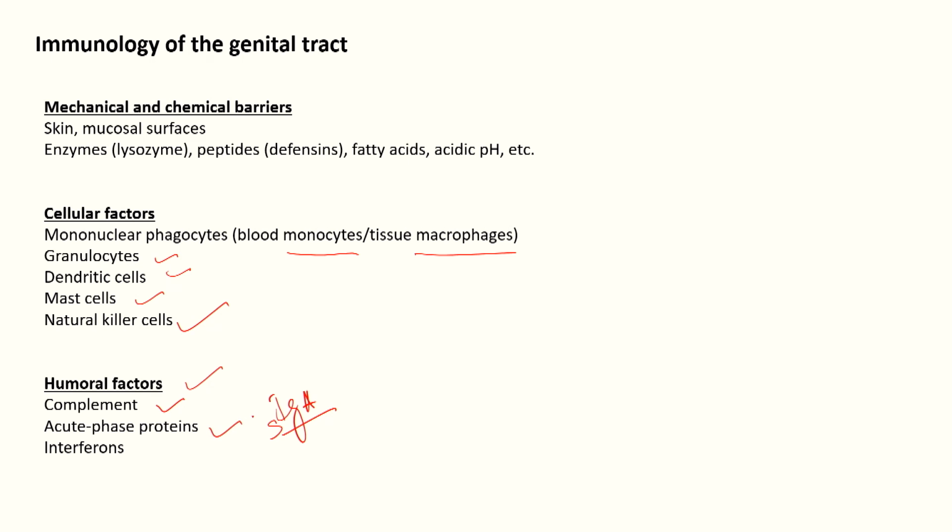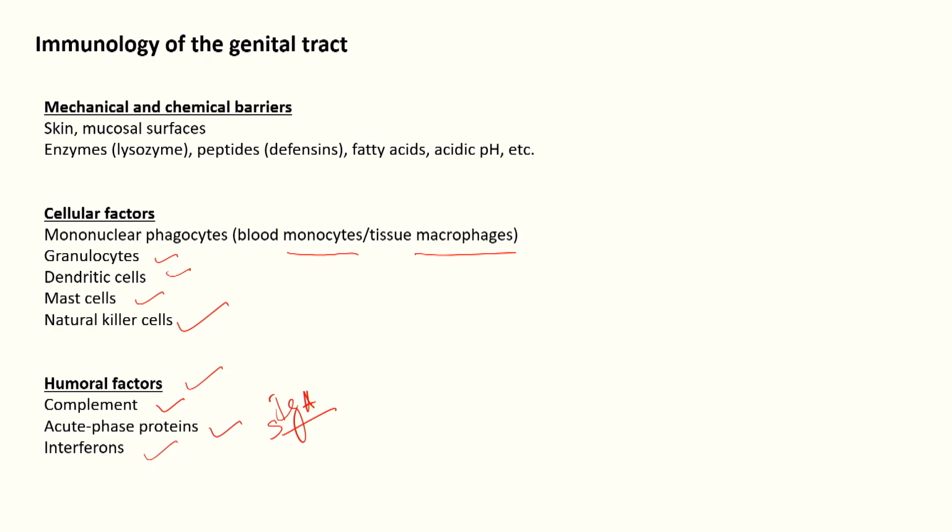Acute phase proteins are produced in response to an entering pathogen or any kind of reaction happening in the environment, particularly in the epithelial area. These are very important proteins secreted in response to deviation in homeostasis. And finally, we have something very important called interferons. Interferons alpha, beta, and gamma are secreted in those epithelia to make the environment sterile against entering external pathogens.